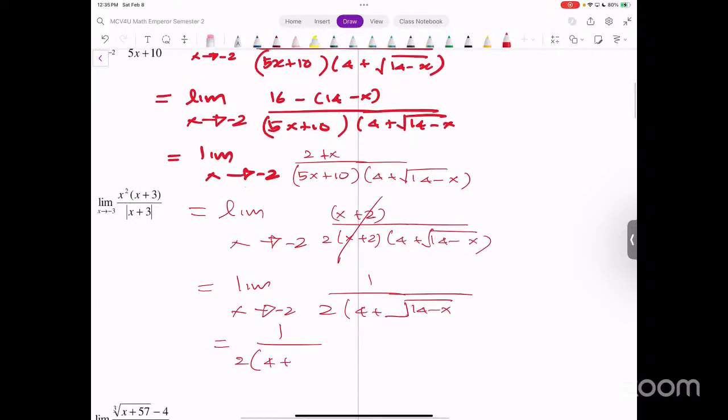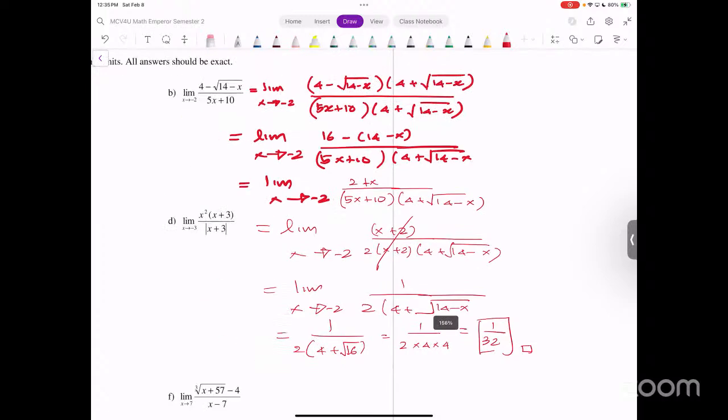That is going to be 14 minus, it's an x from minus 2, so that is going to be 16, the square root of 16. That is going to be 1 over 2 times 4 plus 4. So that is going to be 1 over 2 times 8, which is 32.